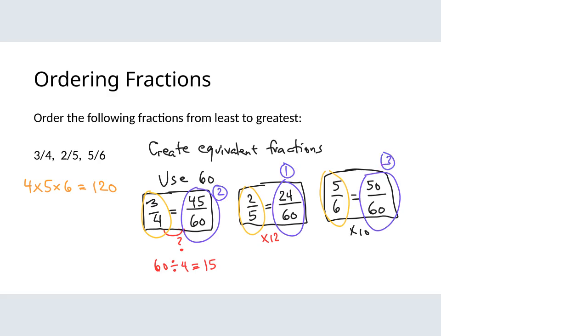And so if I want to write these from least to greatest, I'm going to say, well, 2/5 is the smallest, and then 3/4 is the next, and then 5/6 is the biggest. And we've written those from least to greatest. And the way we did it was by creating equivalent fractions, because those we were able to compare.